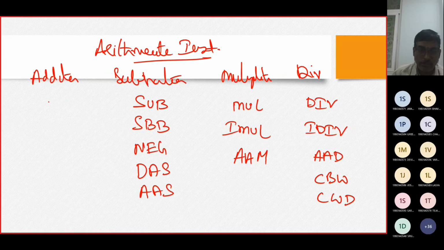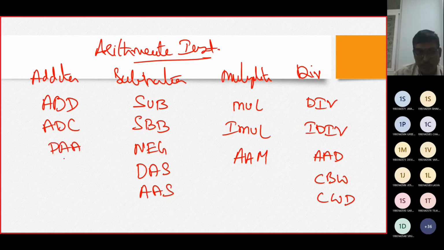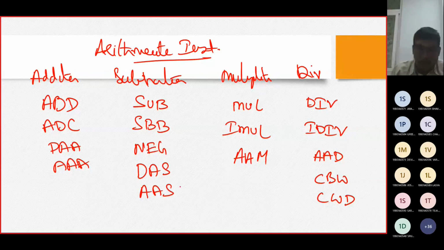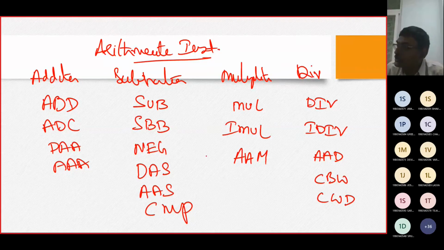Similarly, for the addition instructions, we have simple addition, addition with carry, then decimal adjust after addition and ASCII adjust after addition. So these are some of the instructions in the addition tab. Along with subtraction, we have CMP also.